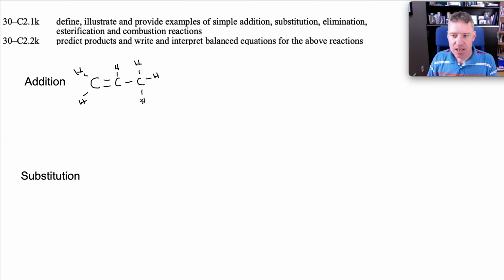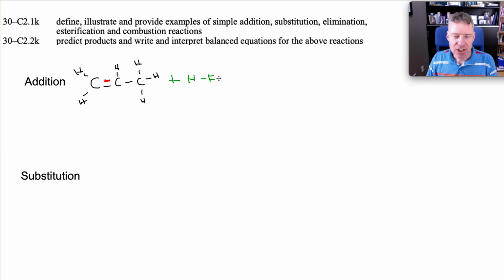But the second bond is a different type of bond. It's in different 3-dimensional space, and it's much weaker. So I like to color code it to remind students that that's the weak one that can break. The other bonds are fundamentally different, much stronger bonds. So you can get that bond to break and add something to it.